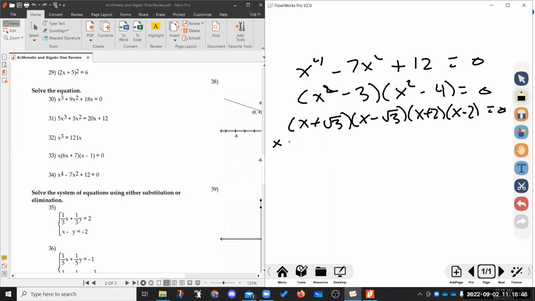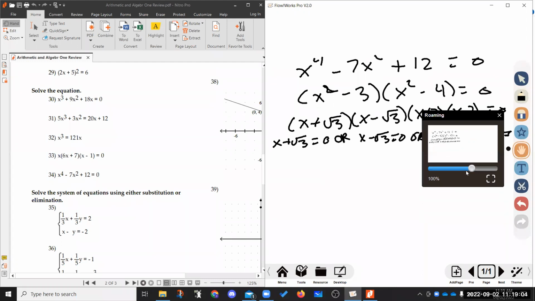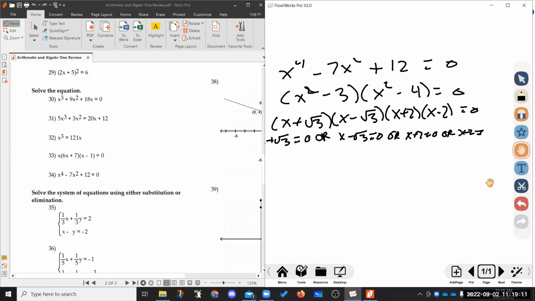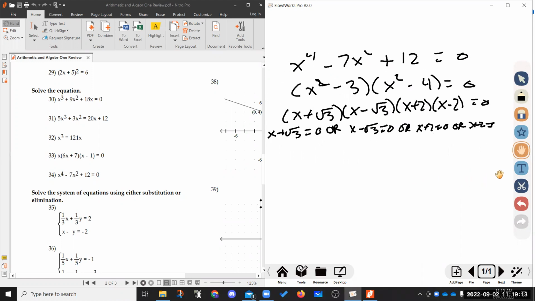Set each of these equal to 0: x + √3 = 0, or x - √3 = 0, or x + 2 = 0, or x - 2 = 0.